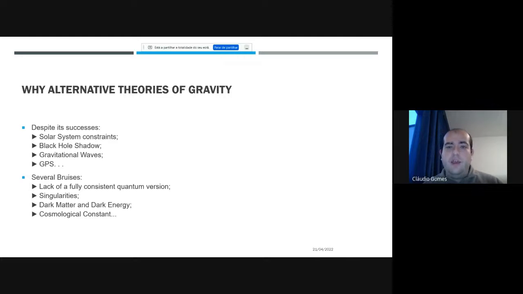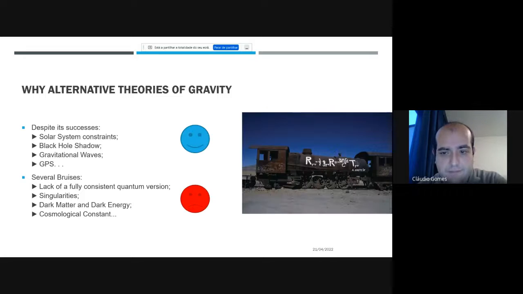In particular, it is not fully consistent with quantum mechanics or quantum field theory. Hence, we do not have a fully consistent quantum gravity theory. It presents singularities, for instance, black holes, or even the origin of space-time, the Big Bang. We also have, at late times, the problems of dark matter and dark energy, and the so-called cosmological constant.